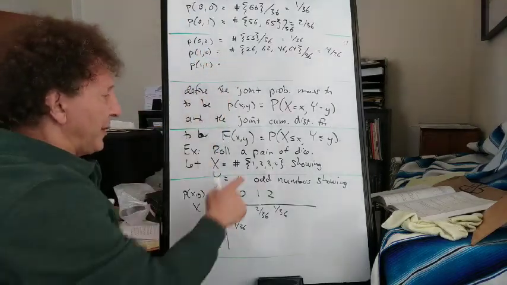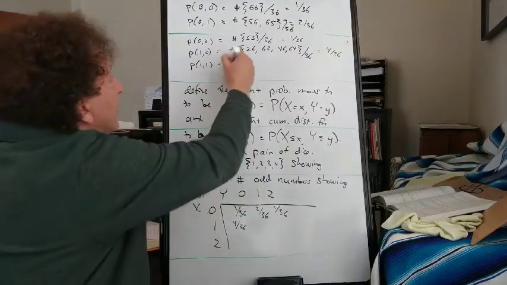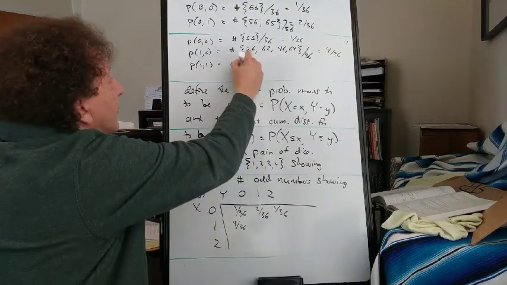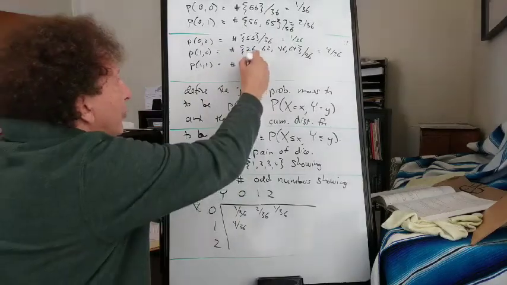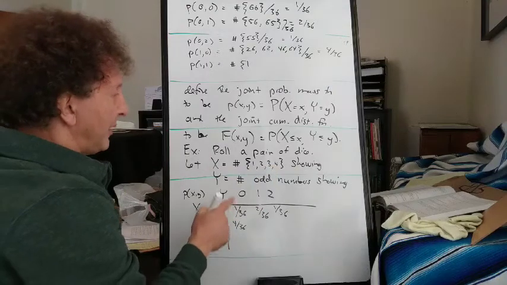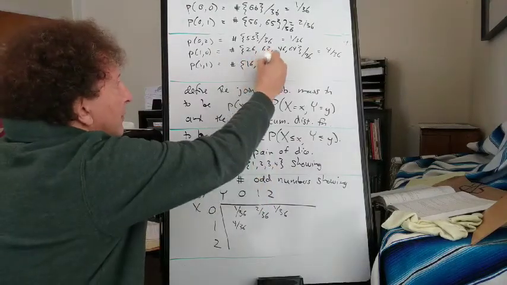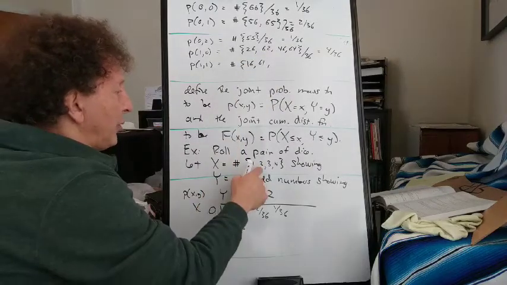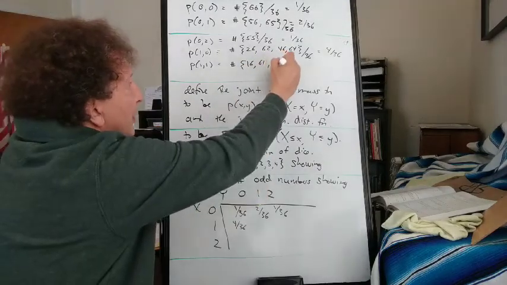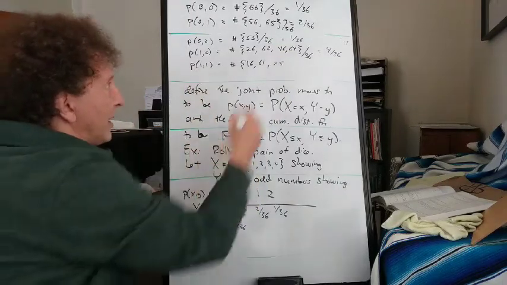p of 1, 1 is the probability that we get one number in this range and exactly one odd number. So if 1 is the number in the 1 to 4 range and there's only one odd number, then I guess the number outside of this range has to be 6. If 2 is the number in the 1 to 4 range, then the number outside that range has to be 5 so that we get exactly one odd number.